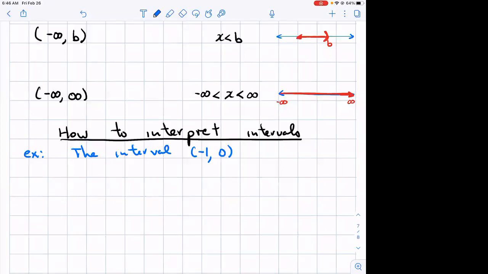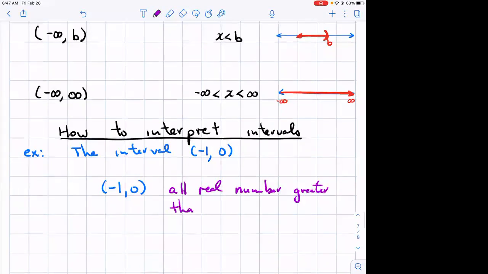What are we referring to here? The interval (-1, 0) consists of all real numbers greater than -1 and less than 0.